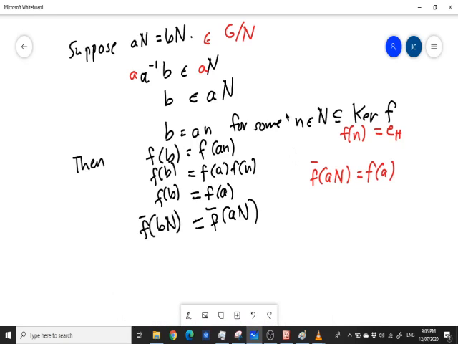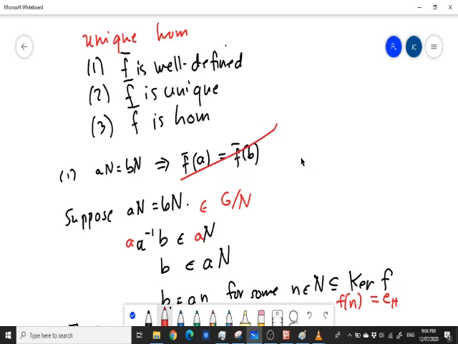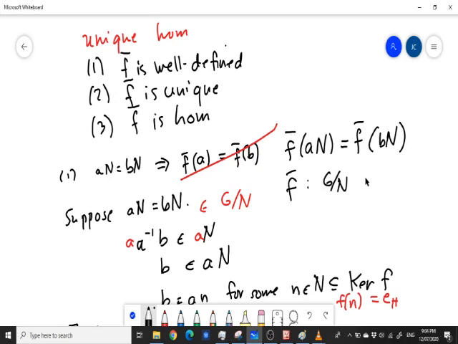So actually, what I should have written here should be f bar of aN, f bar of bN, because the domain of f bar is from G mod N to H. Okay, so assume that a and b belong to the same coset.